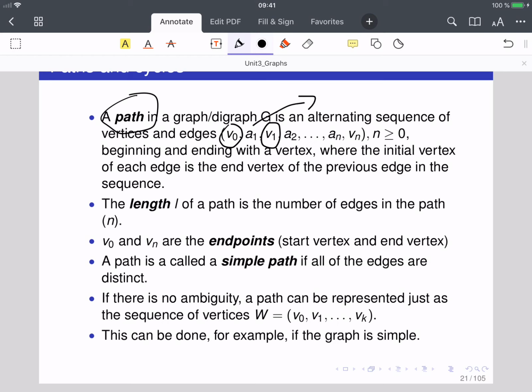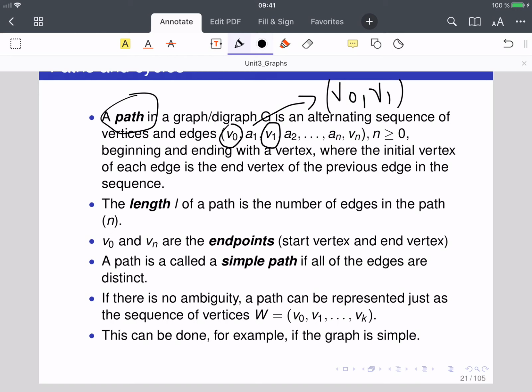So A1 should be connecting B0 with B1. Okay, so this is exactly the idea that you may have of what a path is. It is something that lets you go from one place to another. So a path lets you go first from B0 to B1, then from B1 to B2, then from B2 to B3, and we specify which are the vertices and the edges that we use.